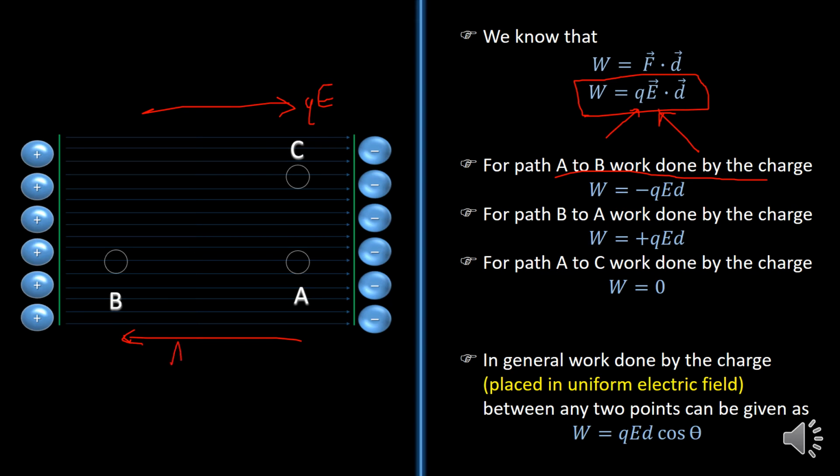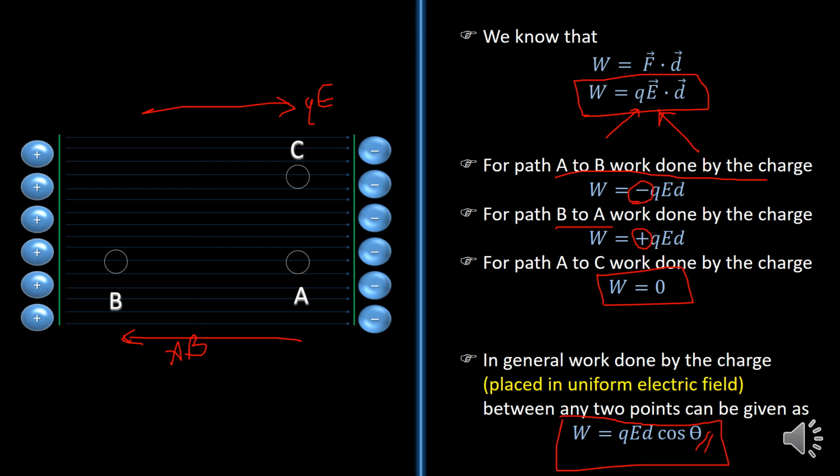So what is the angle? Angle is 180, and hence work done is negative. But if we consider B to A, then work done is positive, because force and displacement both are in the same direction. Why work done in this case is 0? Because cos theta will give us 0. Cos theta will be cos 90, and hence it is 0. So in general we can say that work done should be given as QEd cos theta. What is theta? Angle between force QE and displacement d.